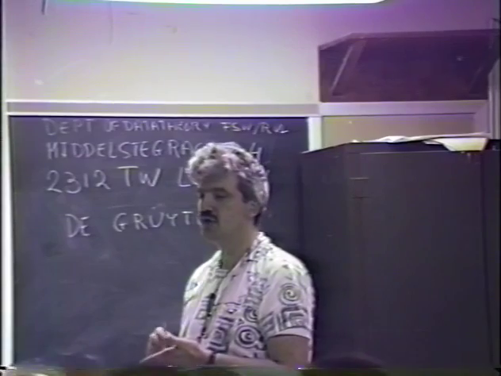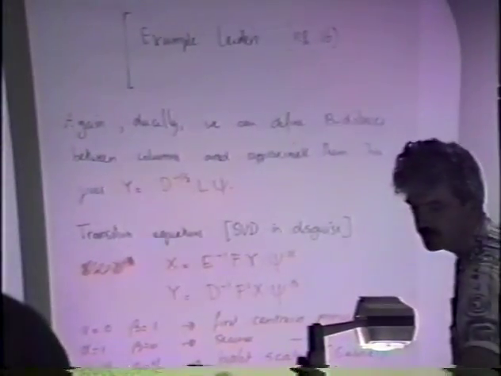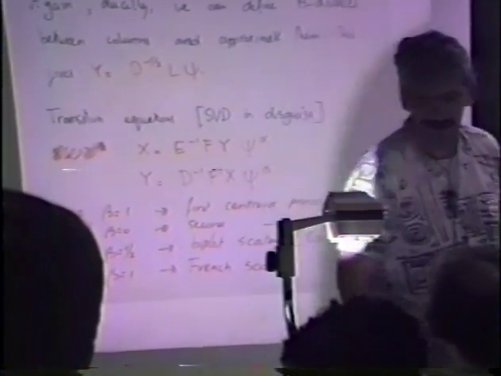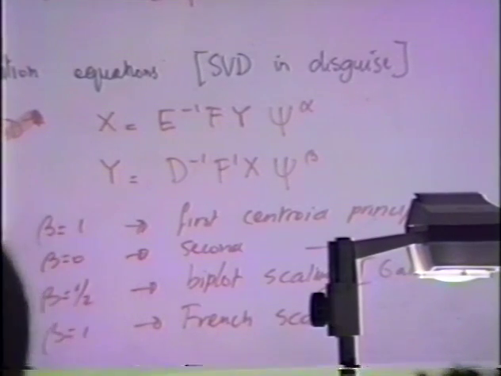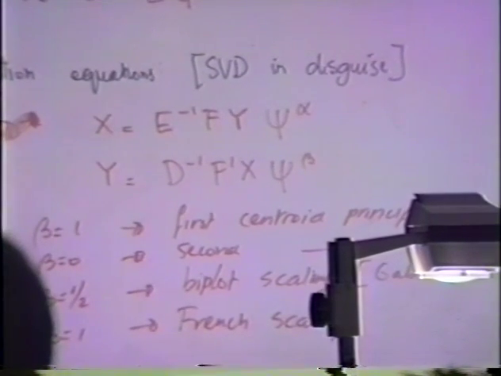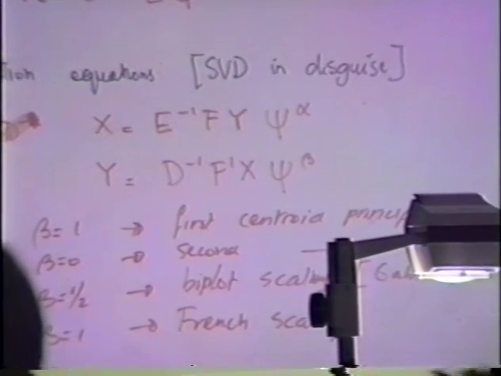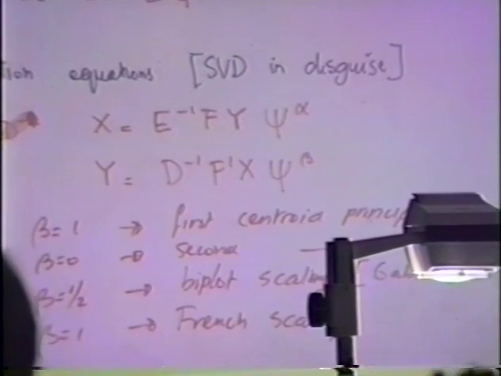But the basic relationship, well, actually this part in red is the biplot of Gabriel here, so you're right on time. One of the ways in which you can write the singular value decomposition is in the way in red here, x and y. This is simply the singular value decomposition again, perhaps a little bit in disguise.